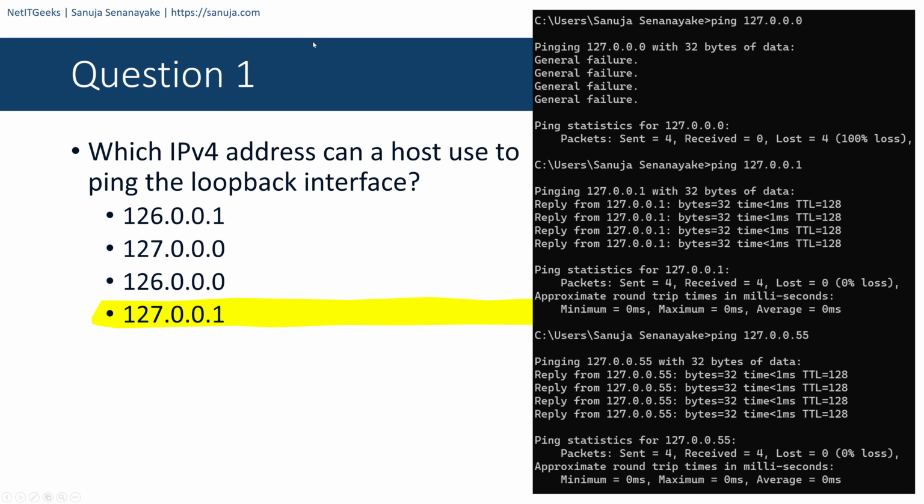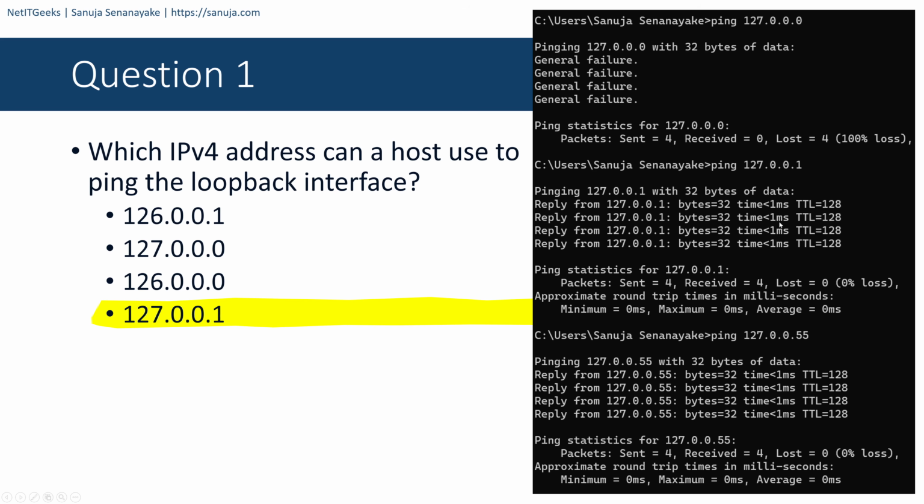And if you ping anything else in that 127 IP address range, for example, my loopback address of 127.0.0.1, it should give you a reply back if your TCP/IP stack is working on your device.